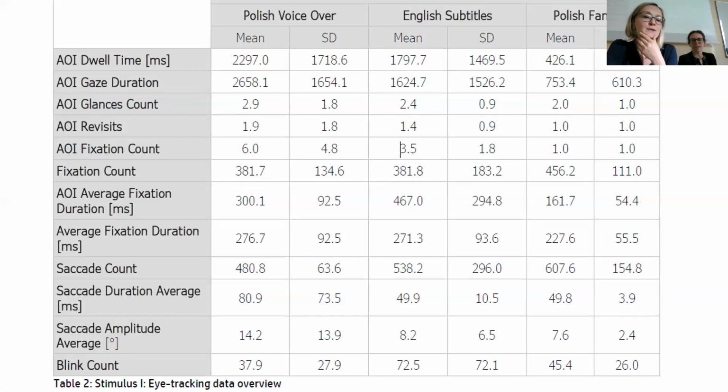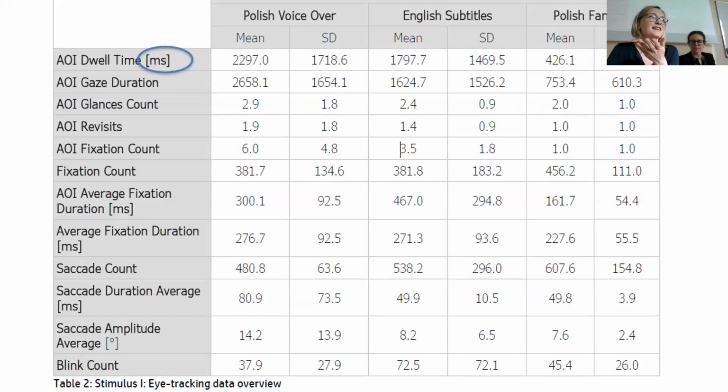And when you look at this table, it's sort of problematic in many different ways, right? For instance, the dwell time on an area of interest is in milliseconds, but gaze duration is also in milliseconds, and it doesn't say so for some reason.